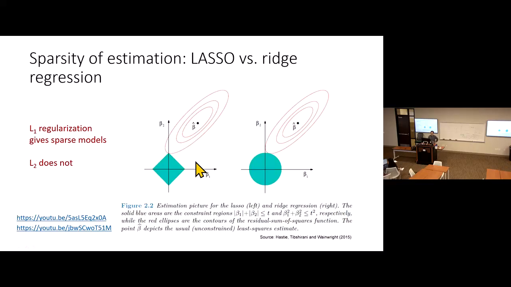So how do we understand the difference between them? You have variable coefficients, beta 1, beta 2. Just as an example, if you have 2D, our regularization requires the summation of beta 1, beta 2 to be within this green box. That means the L1 norm of these two is limited inside here.